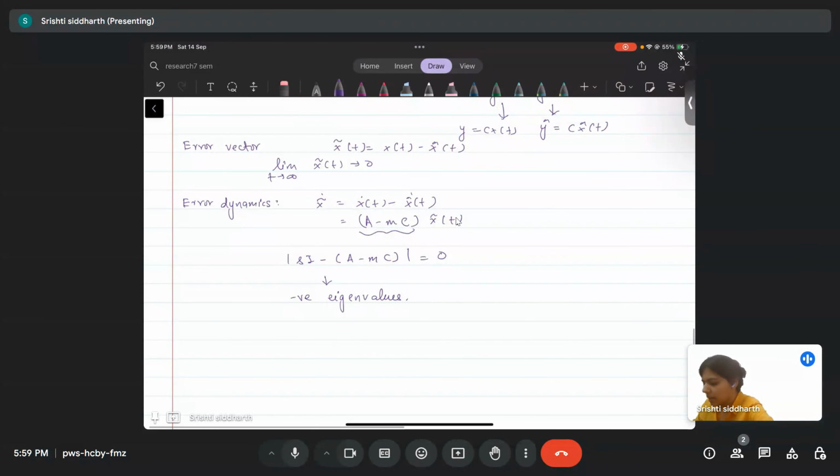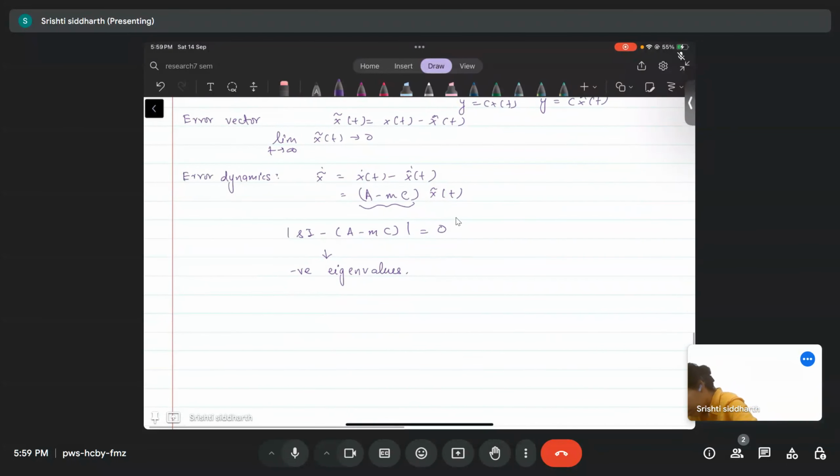So the objective: we already know A and C from the system dynamics. The objective is to design M such that this characteristic equation matches the desired characteristic equation.